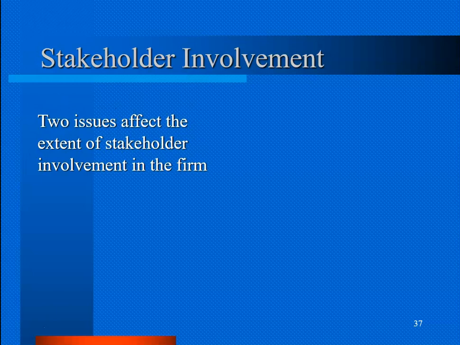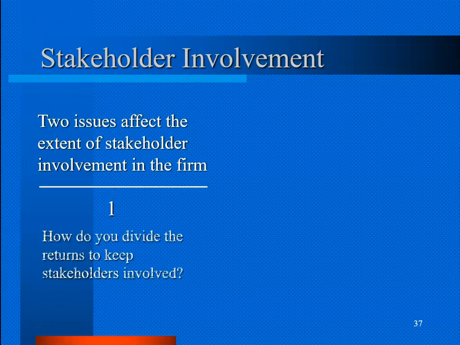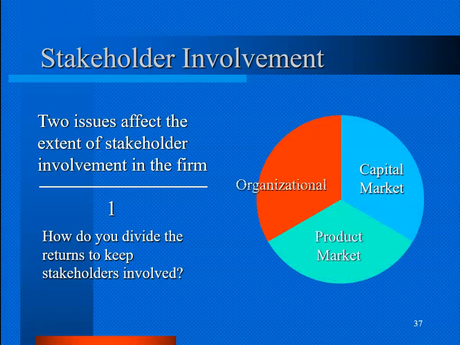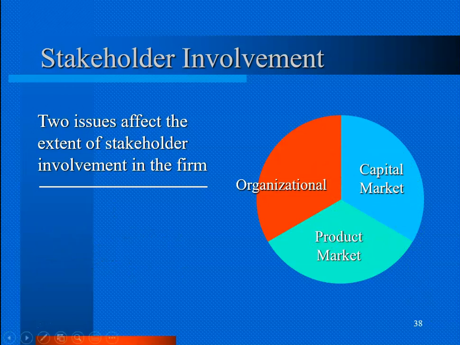But what is the involvement of these different types of stakeholders? So two issues affect stakeholder involvement in the firm. How do you divide the returns to keep stakeholders involved? We have capital market, product market, and organizational stakeholders, and this diagram is showing us that here they are all equal, because as I said before, they're equally important.